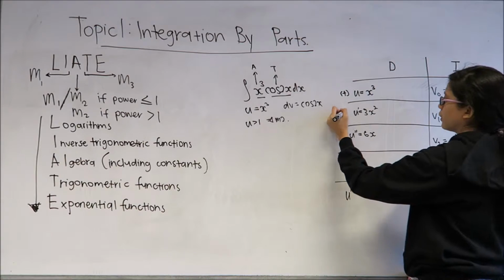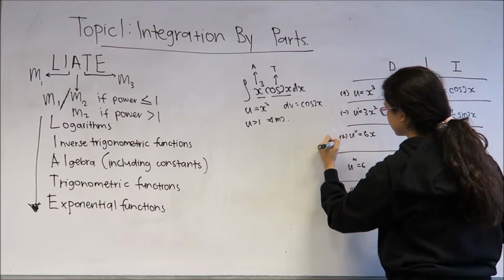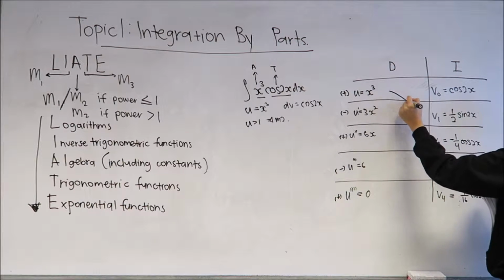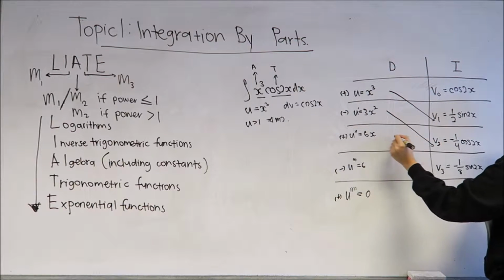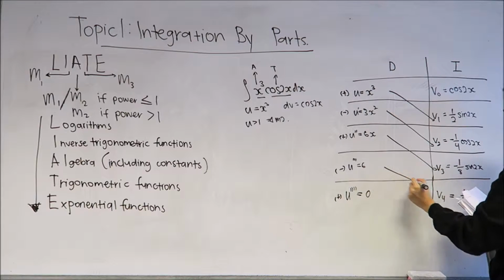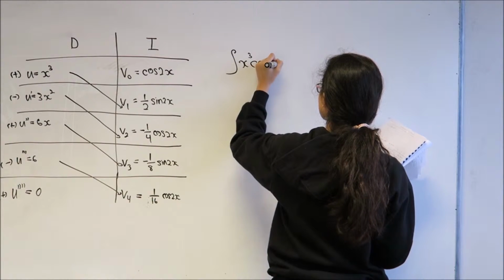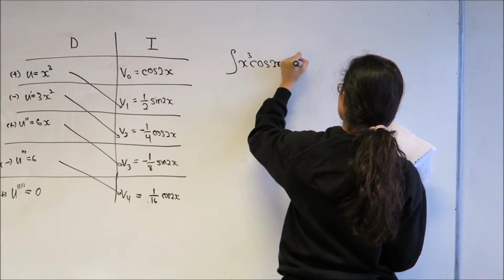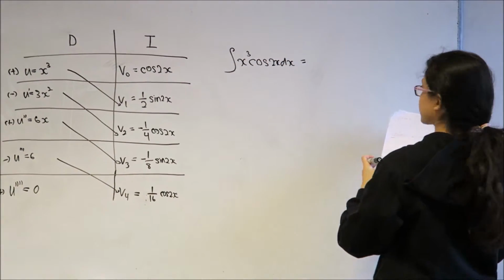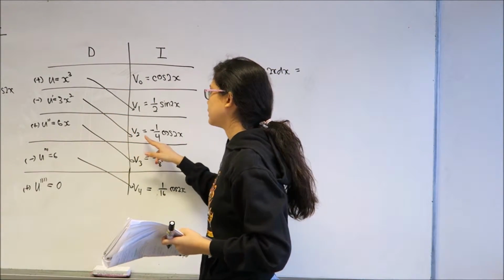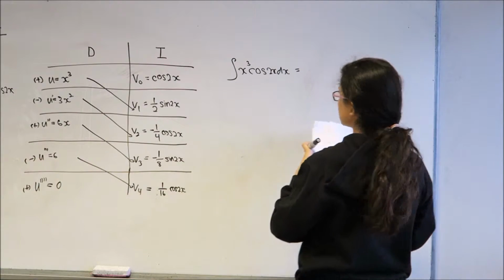I'm going to write all the signs: plus, minus, plus, minus, plus, minus, and plus, minus. And I'm going to draw a line right here, here, and here, and here. So from this, we can solve it already. We take u and v1, u, v2, and so on.